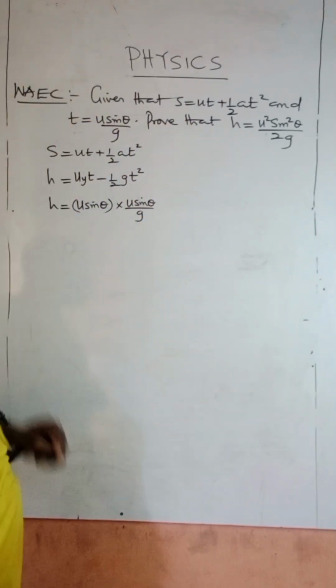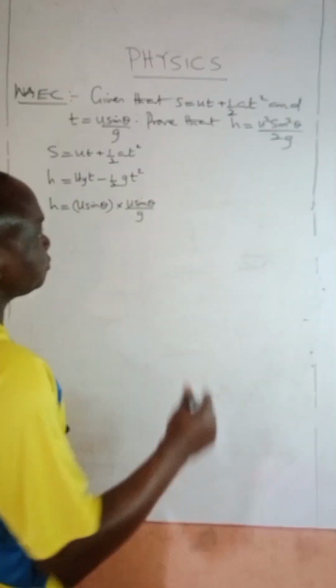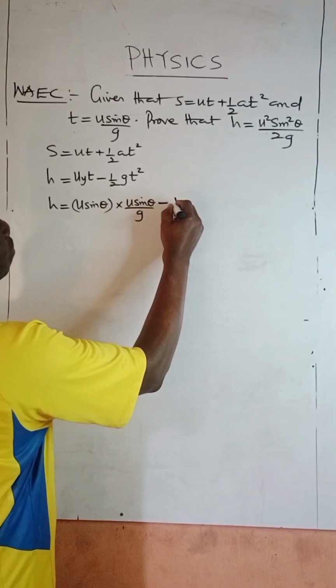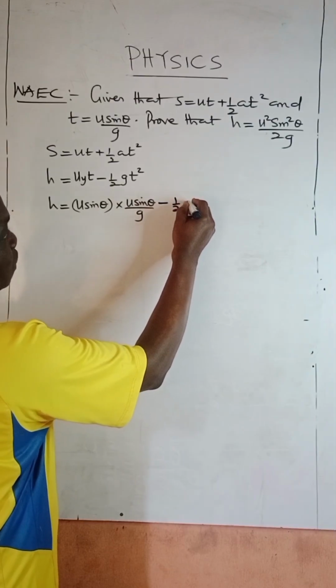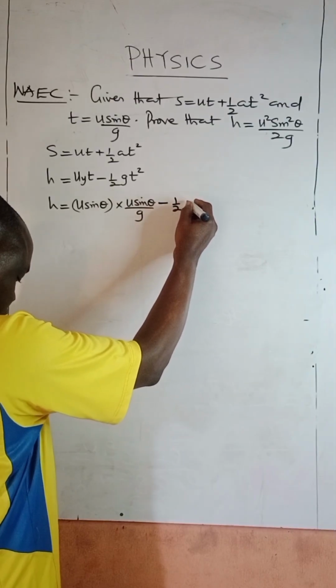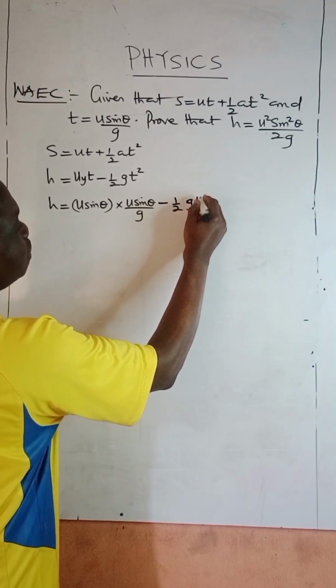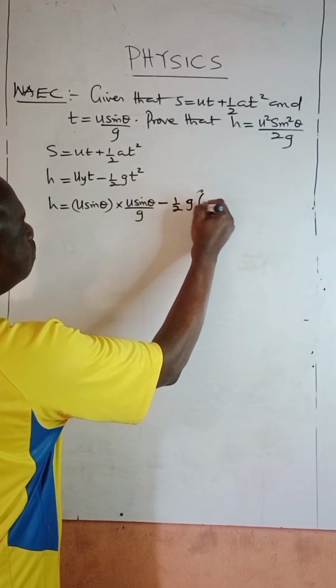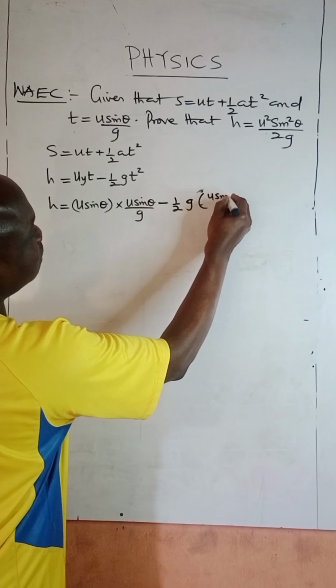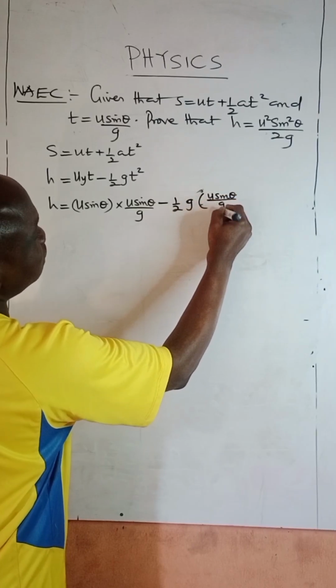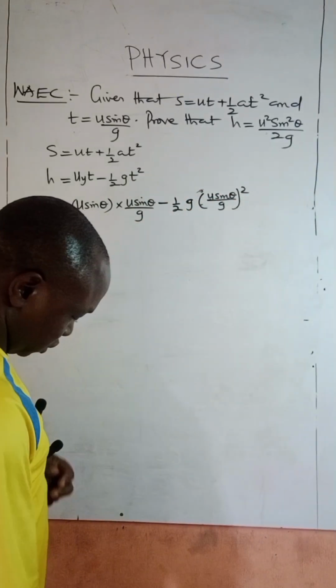It's given, the time taken to reach the maximum height. Then minus half g t squared. So t is u sin theta all over g, squared.